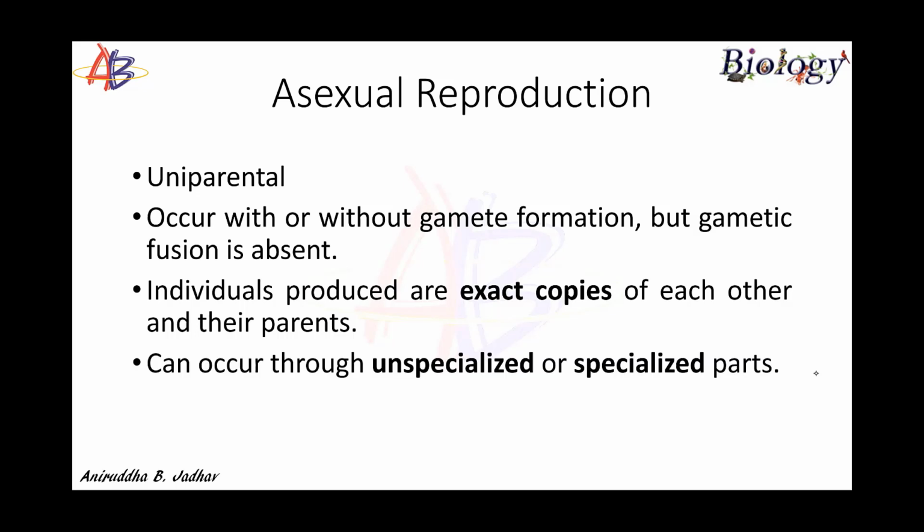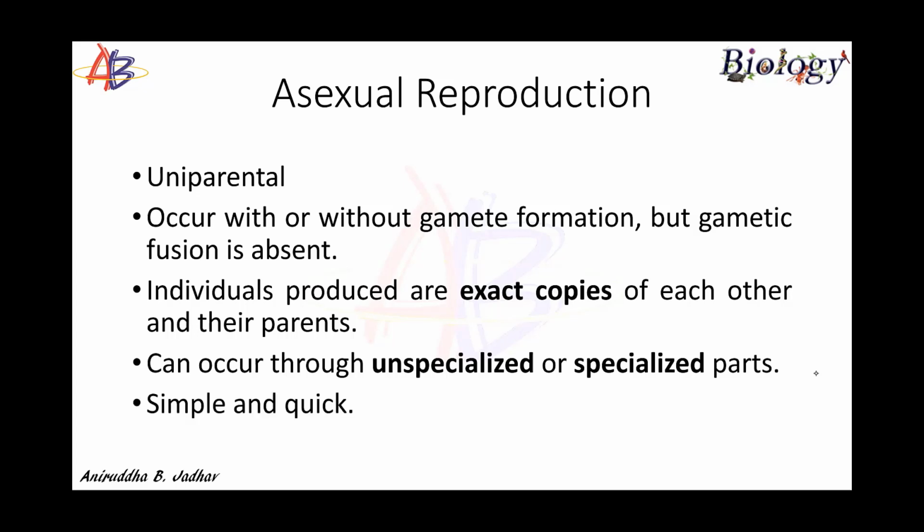Asexual reproduction can occur through unspecialized or specialized parts of the organism. Any plant or animal following asexual reproduction has certain regions in its body, which may be specialized structures like gemmules or buds, or unspecialized parts, which participate in asexual reproduction.